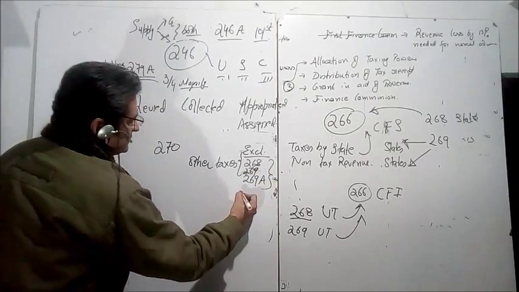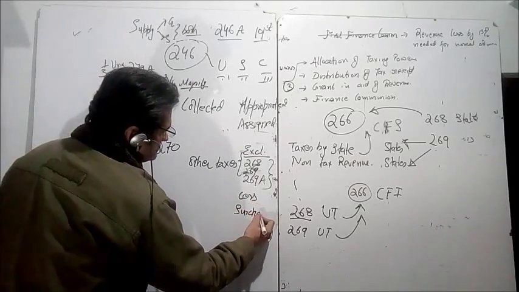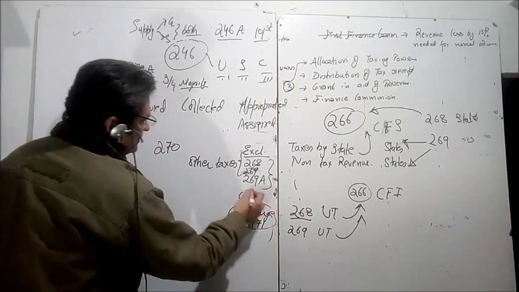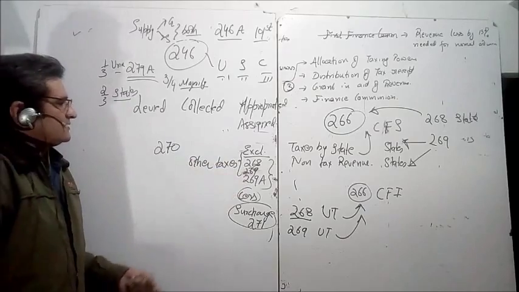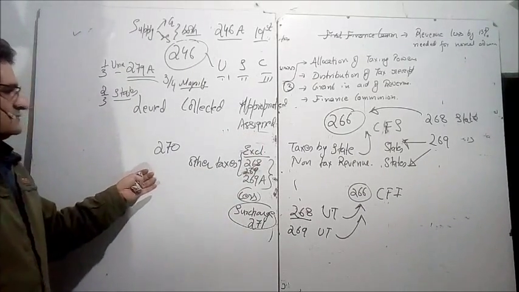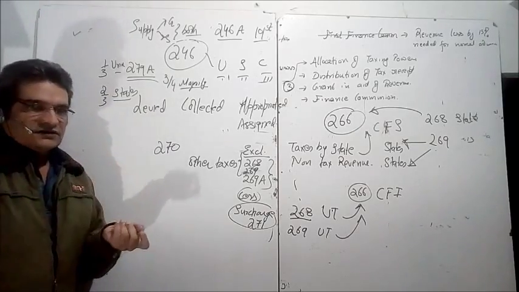Also excluding cess and surcharge. Surcharge is levied under Article 271. So any cess, any surcharge, and these taxes which are covered in this article, excluding these, the other taxes which are generated by union are shared.